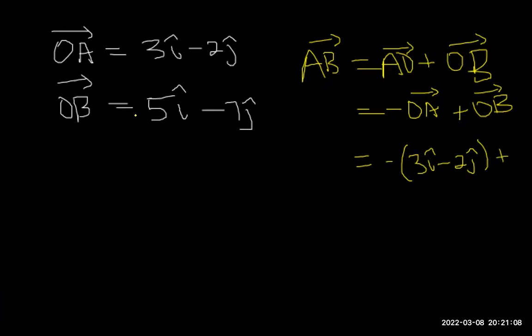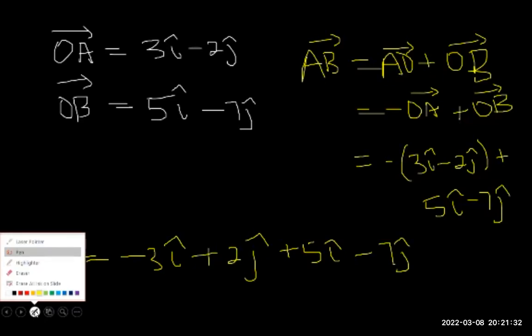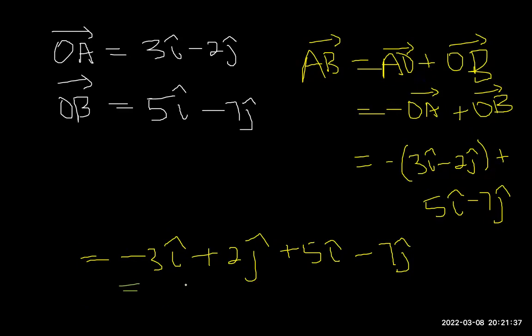Then plus OB would be 5i hat minus 7j hat. So minus 3i hat, plus 2j hat, plus 5i hat minus 7j hat, which gives me minus 3i hat plus 5i hat, that's 2i hat, then 2j hat minus 7j hat, that's minus 5j hat.